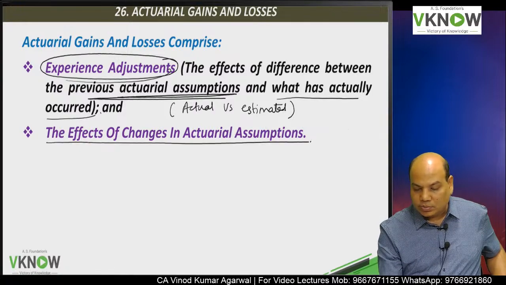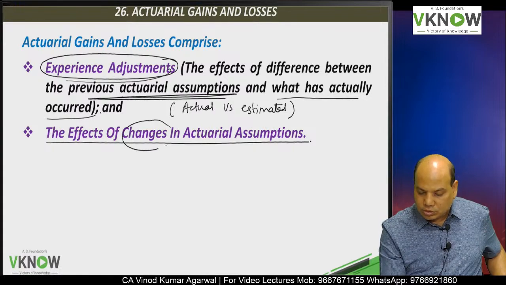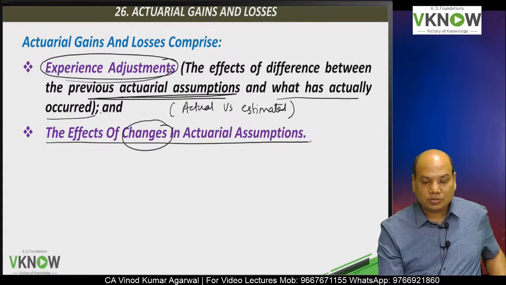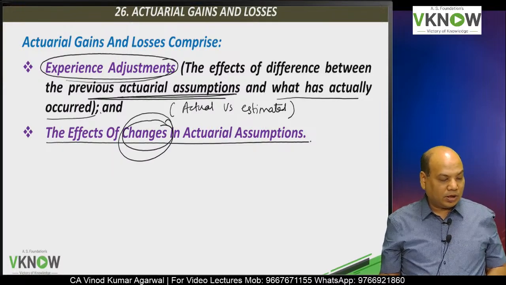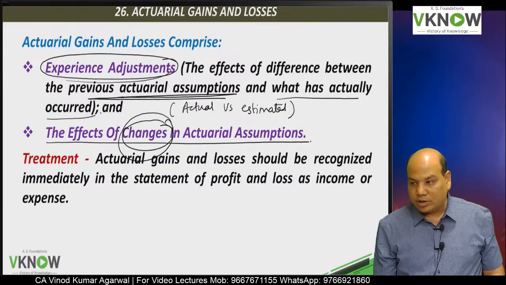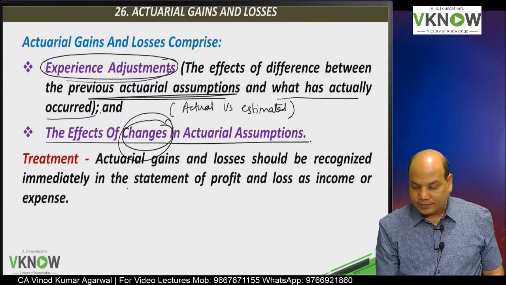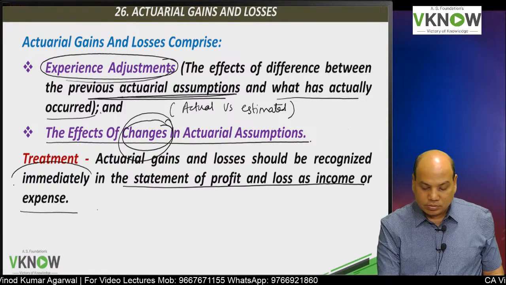And the second type of actuarial gain or loss is due to change in actuarial assumption. If you change the assumption, the liability will increase or decrease. What about the treatment? The treatment is transfer the gain or loss to P&L account immediately.